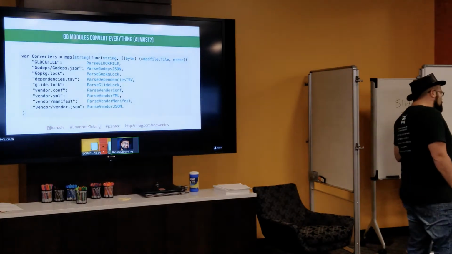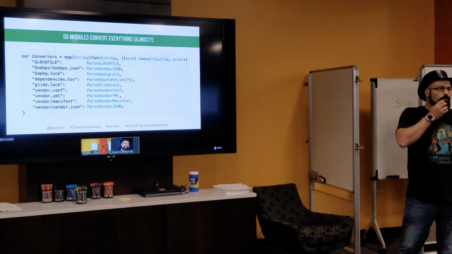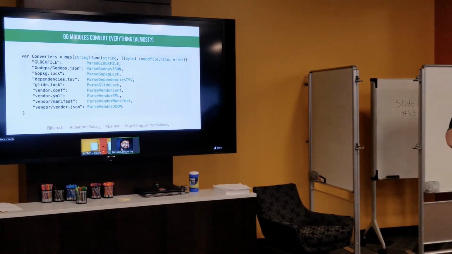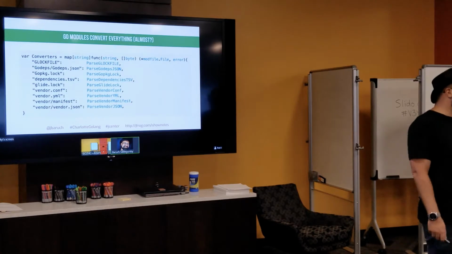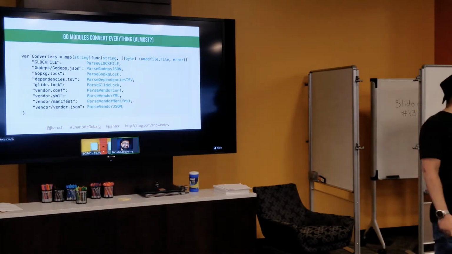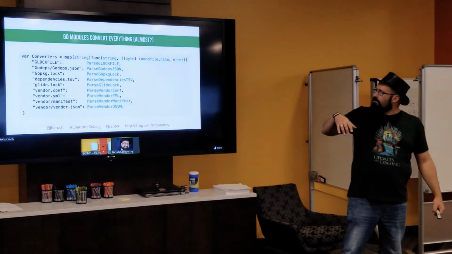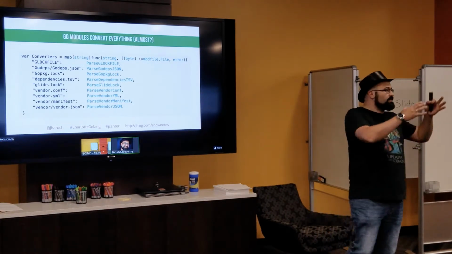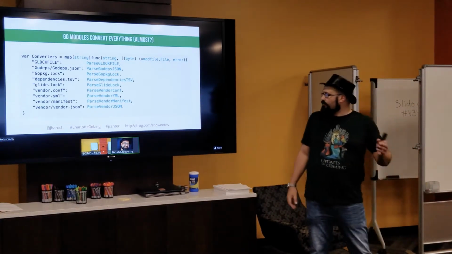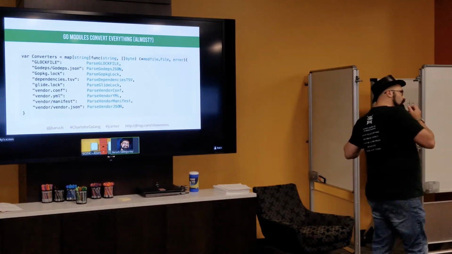So the way it works is that Go now has a converter for almost any dependency manager that was created during this time, at least the popular ones, and it will create the respective go.mod file, including all the information, all the metadata from those different dependency managers. So it will take the Glock file, parse it, and dump it into go.mod. And if you don't have that, but instead you have Glide, it will take the files from Glide and put it in go.mod.